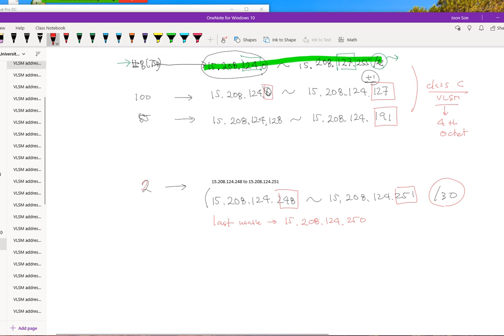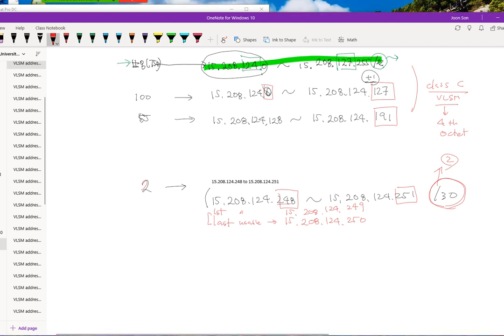So with this slash 30, how many usable host IP addresses? Only 2. The first usable host IP address is 15.208.124.249, so that's the first and this is the last.